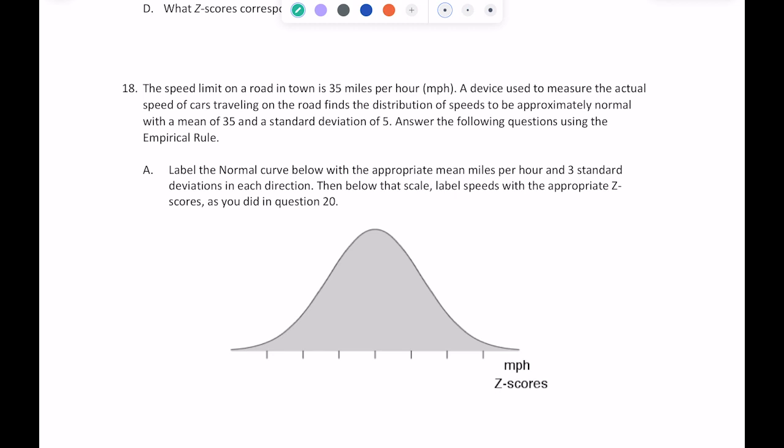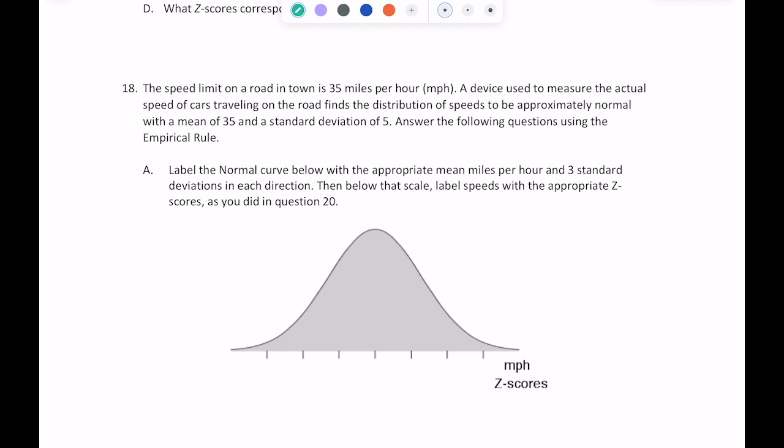The speed limit on a road in town is 35 miles per hour, and a device used to measure the actual speed of cars traveling on the road finds the distribution of speeds to be approximately normal, with a mean of 35 and a standard deviation of 5. Answer the following questions using the empirical rule. We want to label the normal curve below with the appropriate mean miles per hour and 3 standard deviations in either direction.